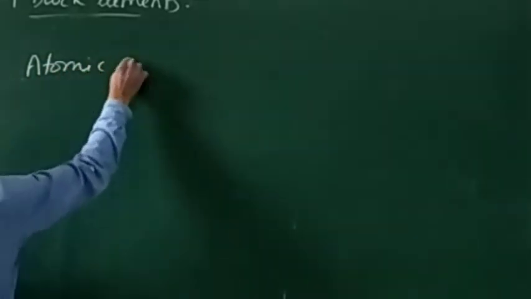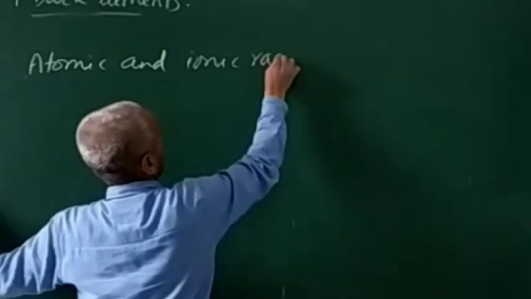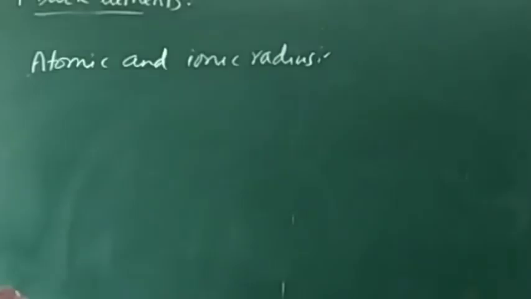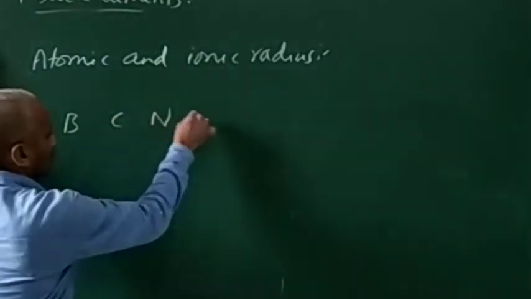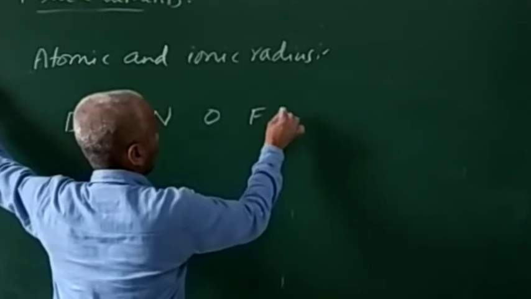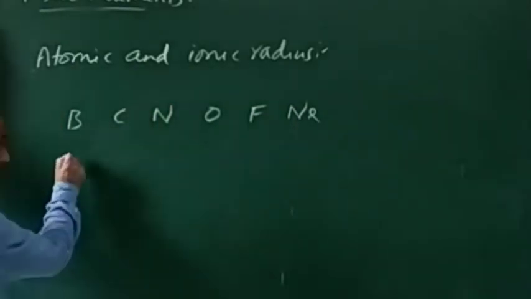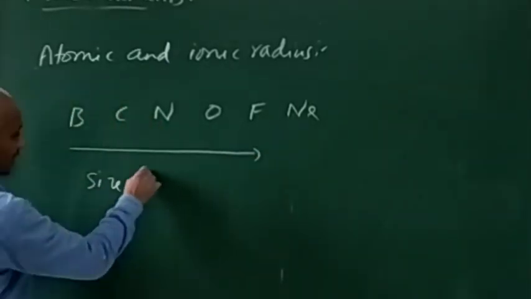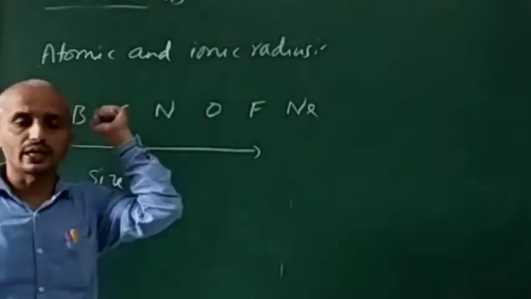Okay? Atomic and ionic radius. How do they vary? See, boron, carbon, nitrogen, oxygen, fluorine, neon. What is studied? Along the period, size decreases because more and more electrons are added to the same shell.